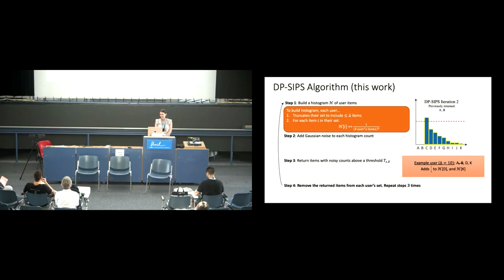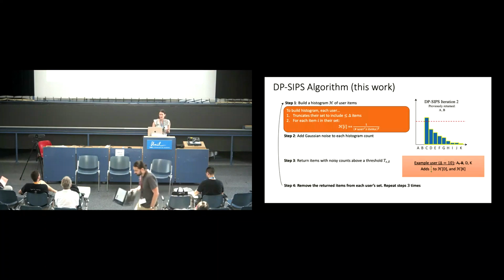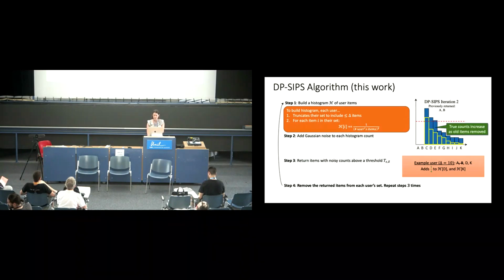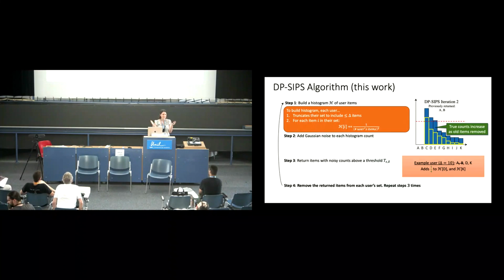In the next step, the user removes items A and B from their data set, so they now only have 2 items left, which means they can add 1 over 2 squared to each of these 2 items. And so what I've depicted here is the counts from the previous run, but actually the counts go up in the second iteration because users can add more to each of the items that remain. Their set of items is smaller. So the true counts get inflated on each iteration.